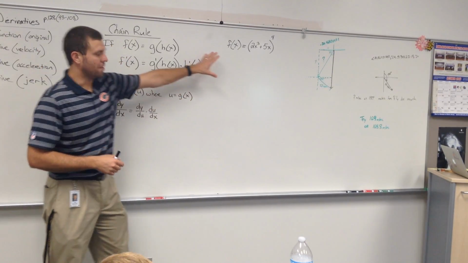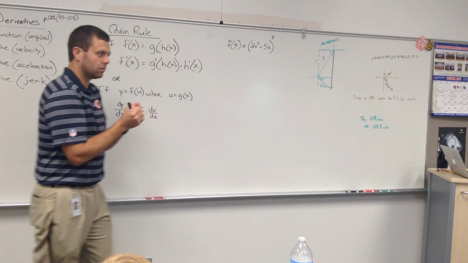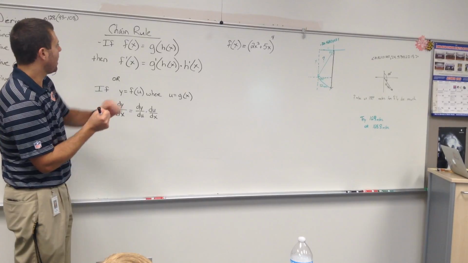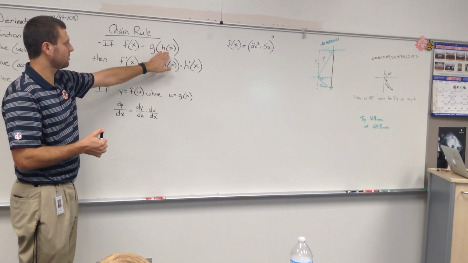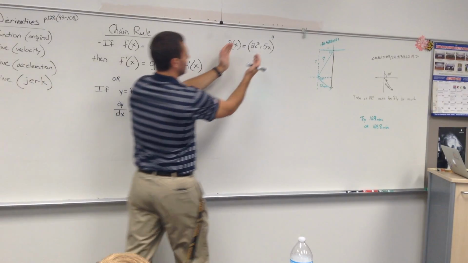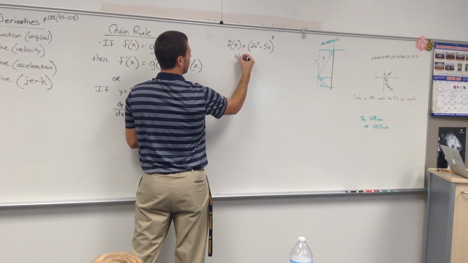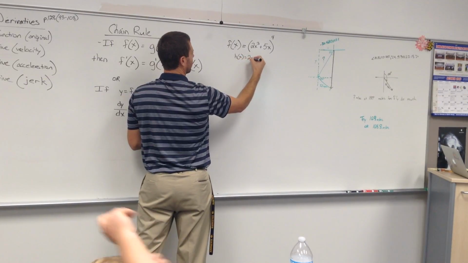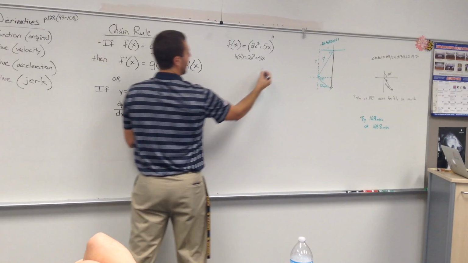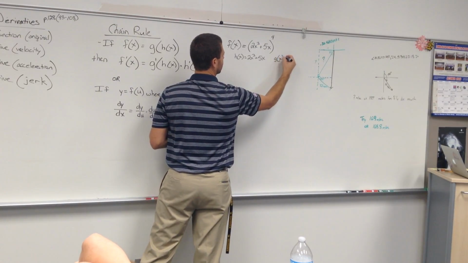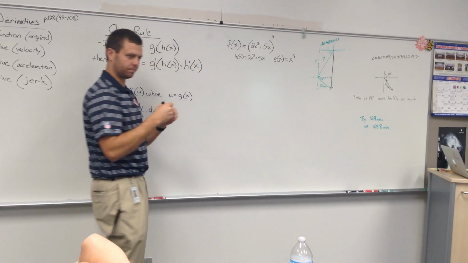This is really two functions put together. So my h of x, in this case, is what's inside my parentheses. My h of x is going to be 2x cubed plus 5x. And my g of x is really just x to the 4th.